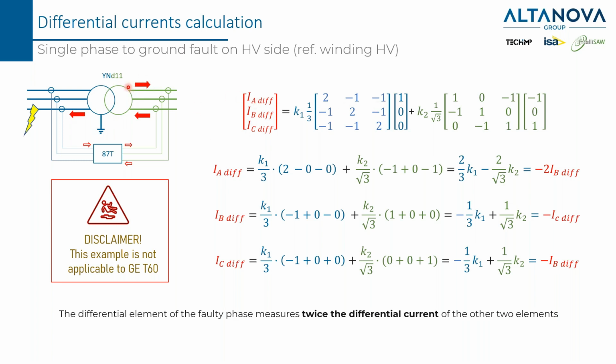So if there is a delta side, this will be the reference winding. So don't try to look for this situation with this vector group, because with the General Electric T60 simply it is not the situation.